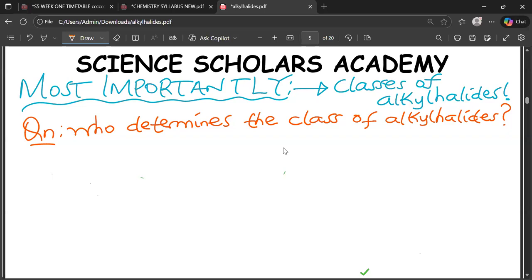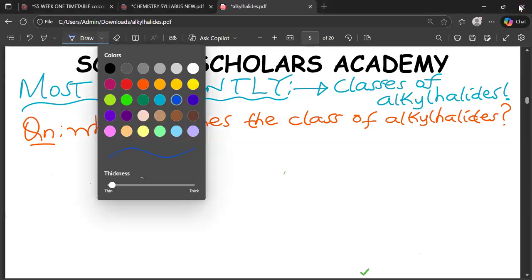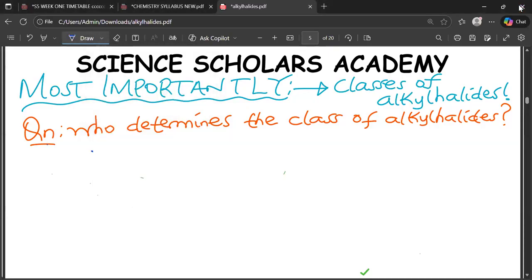Judith was the first one to raise up their hand. You tell me, Judith, who determines the class of alkyl halides? I think it's the halogen and the carbon atom on which it is attached, and the number of hydrogens it has.